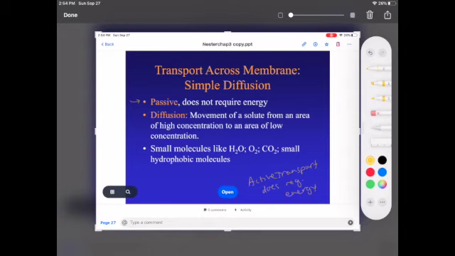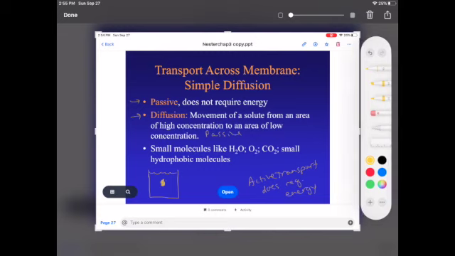Diffusion is an example of passive movement. It's movement of a solute from an area of high concentration to an area of low concentration. If you have a glass of water and you drop a little bit of food coloring into it, let's say yellow food coloring and blue water, you know that it's not going to look like that if you sit around for a while.